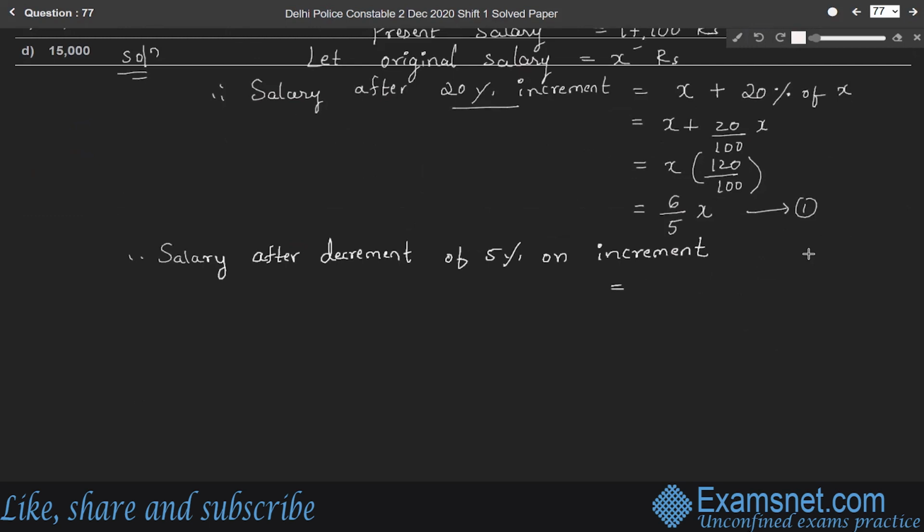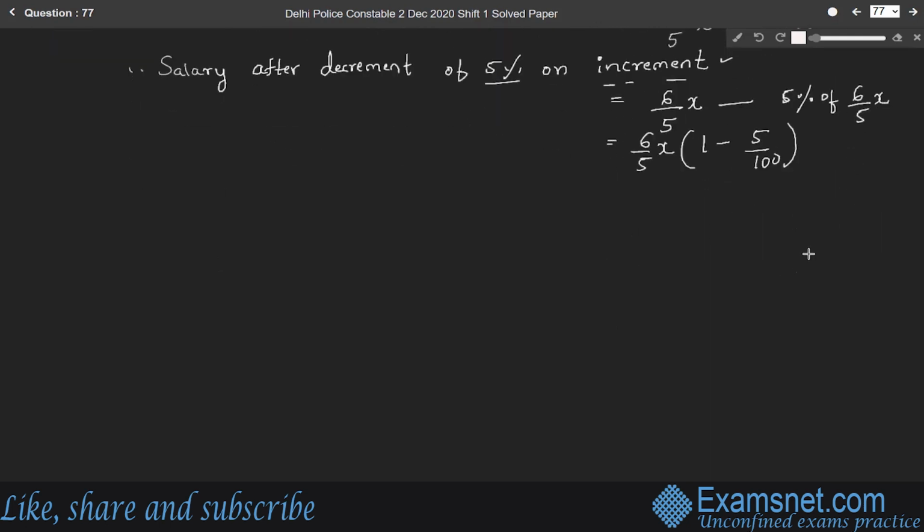So again by the formula, if the salary is 6 by 5 into X and the decrement is 5%, we have to subtract 5% of 6 by 5 X. For increment, it was X original salary plus 20% of it. For decrement, it is minus 5% of the increment. So it is 6 by 5, X is common, 1 minus 5 by 100. 5% means 1 minus 5 by 100.